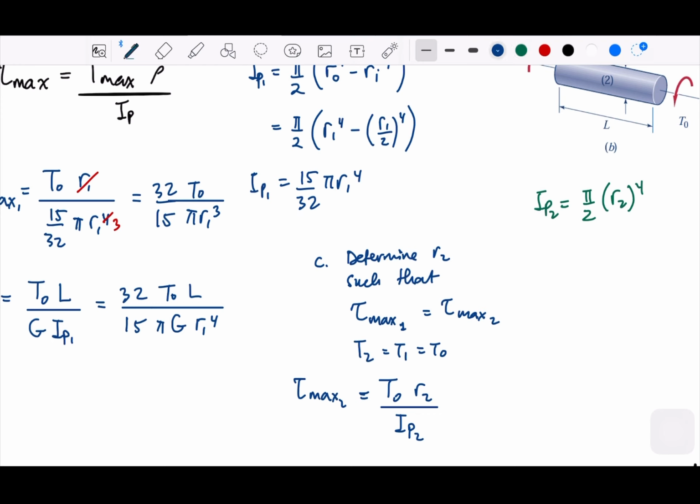So we can include that inside the equations here. This will be T0 R2 over pi over 2 R2 with power of 4. We can erase this and write down that this will be 2 T0 over pi R2 cubed.